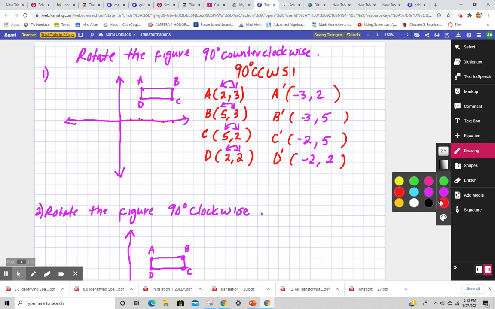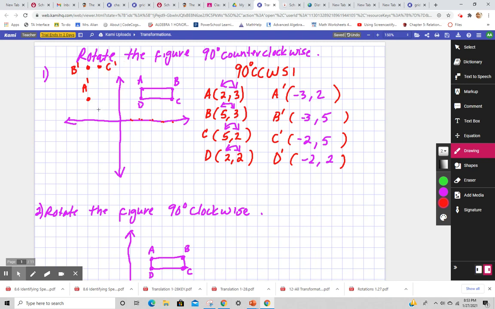Okay, now let's plot these points. -3, 1, 2, 3, and up 1, 2. A prime. -3, up 5. It's 2, 3, 4, 5. B prime. C prime, -2, up 5.